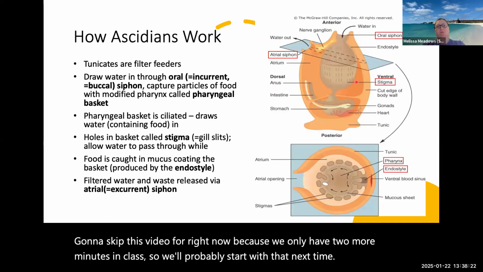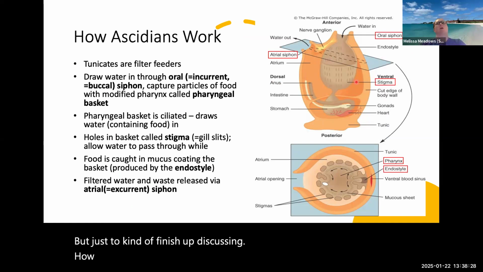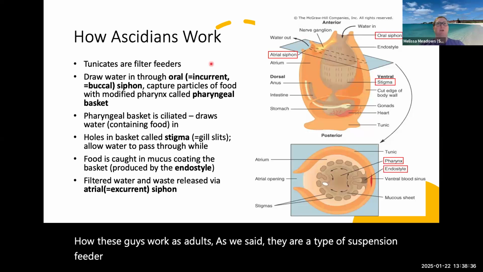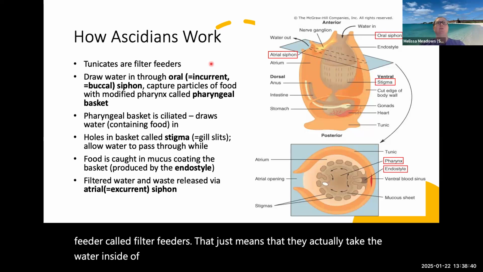But just to finish up discussing how these guys work as adults, as we said, they are a type of suspension feeder called filter feeders. That just means that they actually take the water inside of their bodies to filter out the food products that they want from the water.